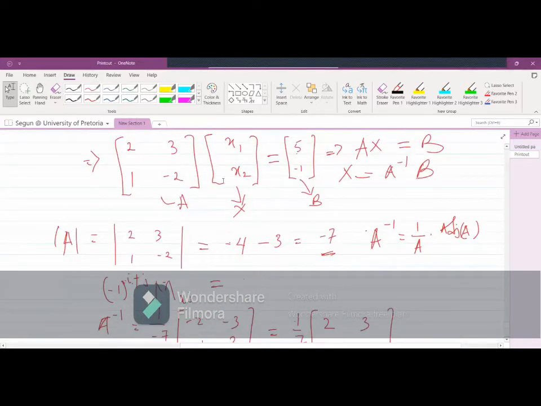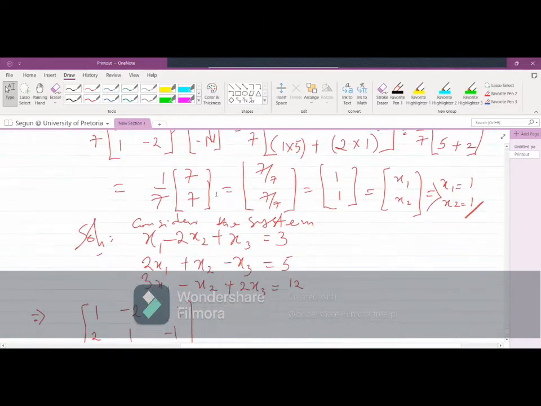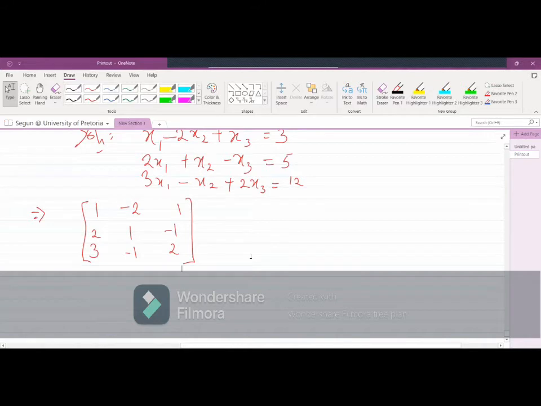The next thing you need to write is the unknown variables that we are looking for, which are x1, x2, x3. In another form, it can be A, B, C or X, Y, Z, anything the examiner can ask you. x1, x2, and x3.